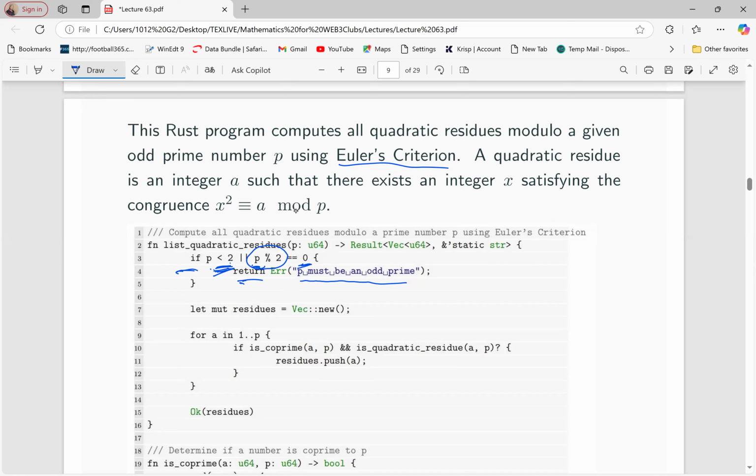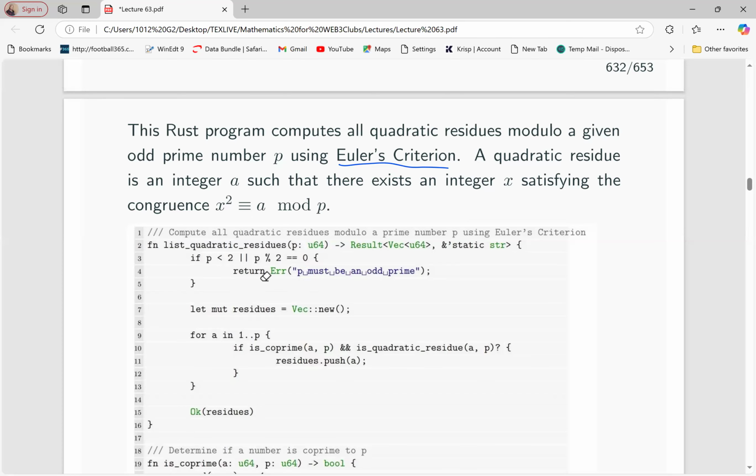It returns an error and tells you that P must be an odd prime. So at the entry point, it detects what number you've given it. If it's less than 2, it will tell you something. And if it's divisible by 2, again, it will tell you that this number is not prime.